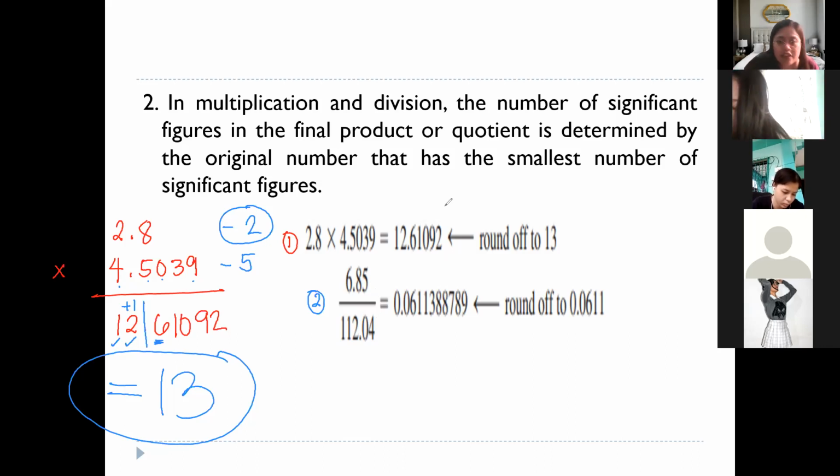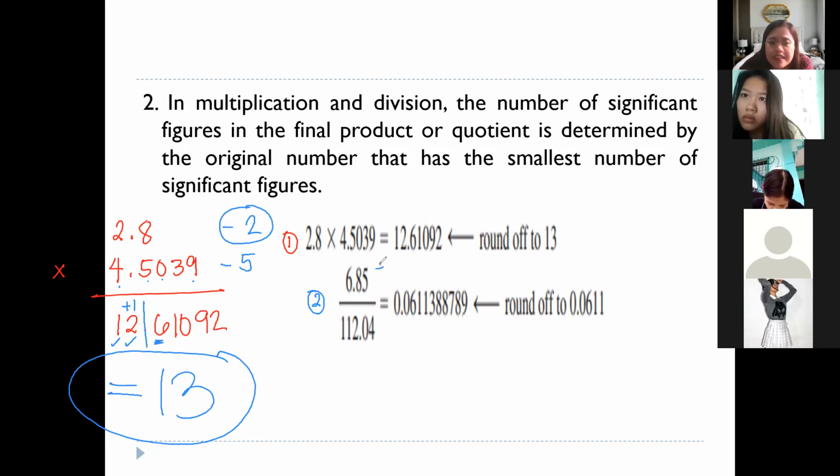Ang answer sa calculator medyo mahaba, 0.06113887889. Ang ubang calculator taman lang siya sa 8. But again, mo ni siyang answer nato sa calculator here. Tapos, before ta maghatag sa itong final answer, let us count first the significant figure.